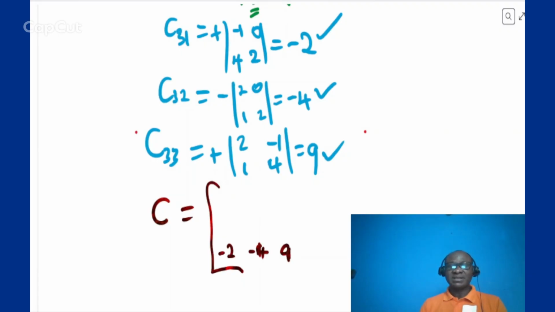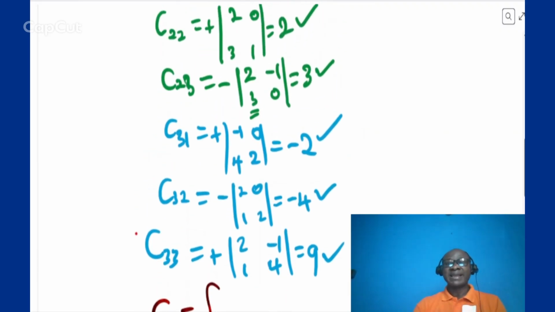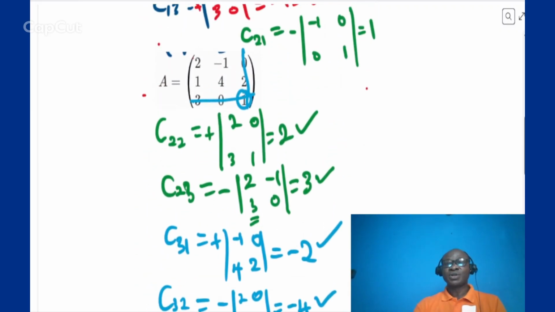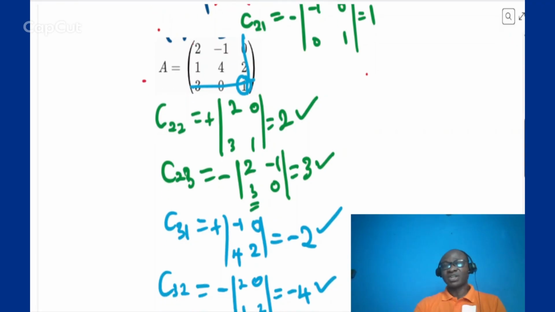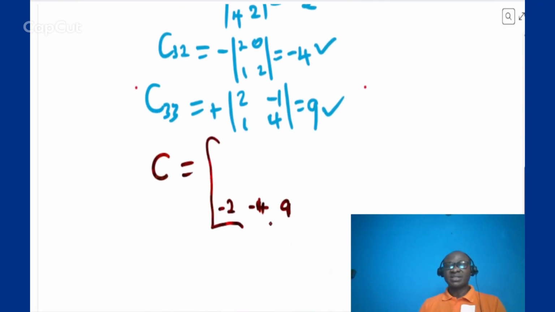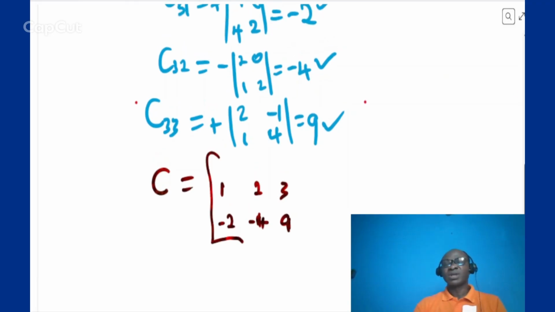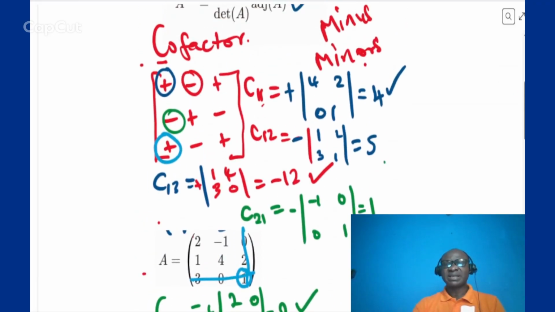Do you understand? Yes, sir. I will go to the next one. What will I get? 3, 2, 1. Isn't it? Yes, sir. So that is 3, 2, 1. I will now go to the first row.